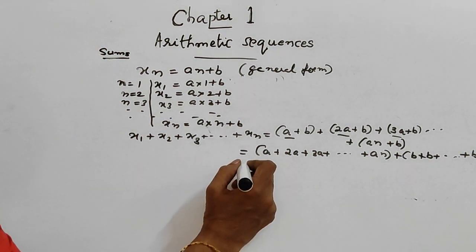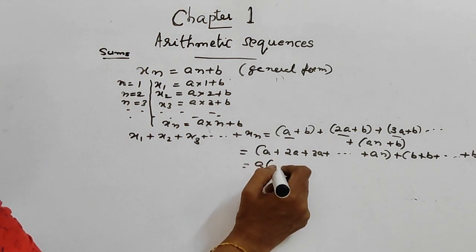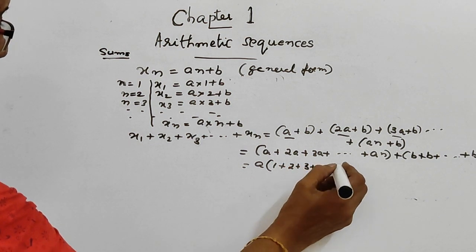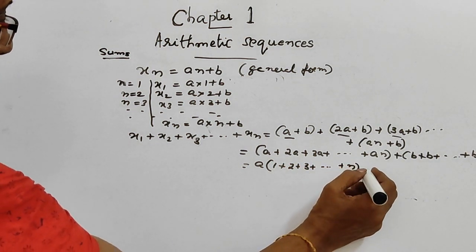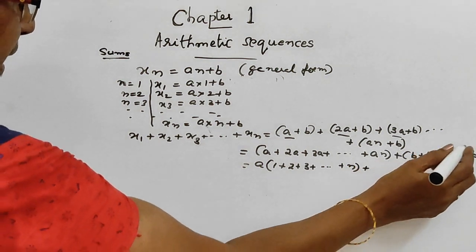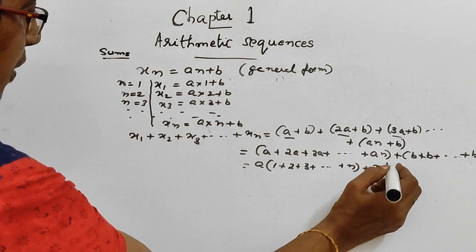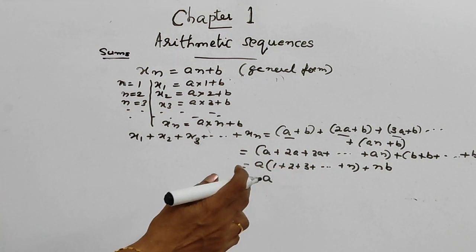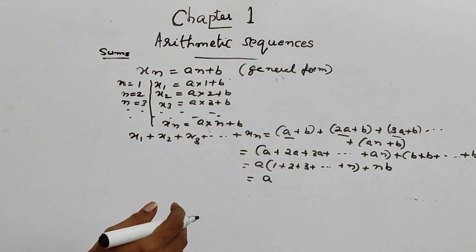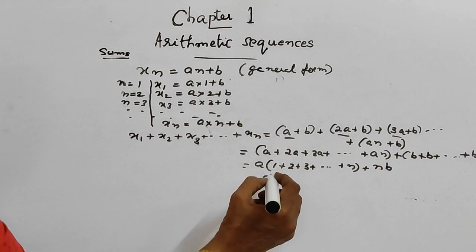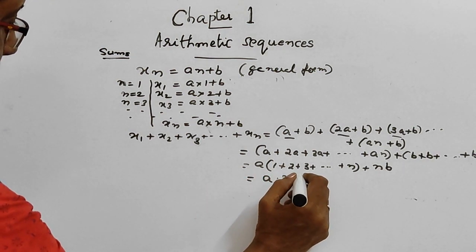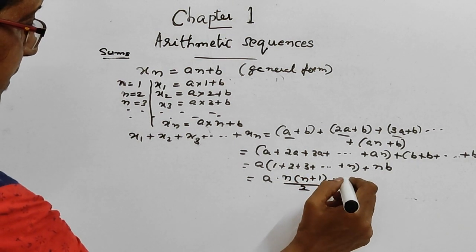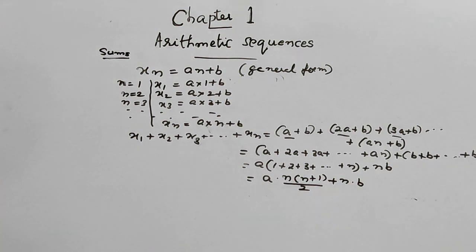So here take a common factor: 1 plus 2 plus 3 plus up to n, plus n times b, n into b. This is equal to a into 1 plus 2 plus 3 up to n. We have studied just now, it is n into n plus 1 by 2, plus n into b.